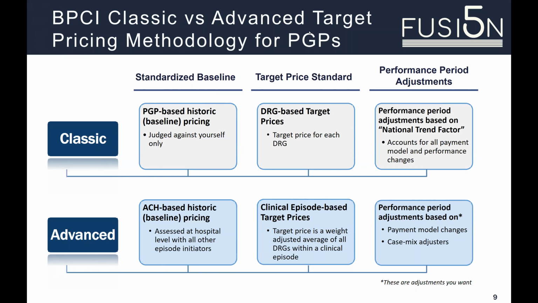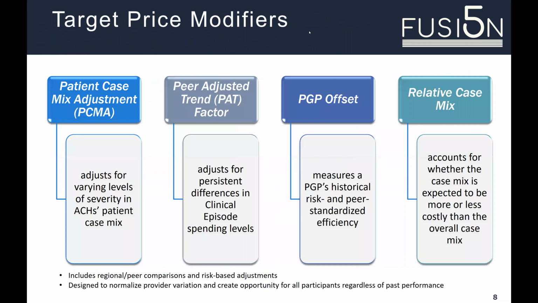Yeah. So one of the questions we often get here is, is there an incentive to move your cases to a lower cost hospital? And when you look at these different modifiers that we covered on the previous slide, you begin to see very quickly that no, there is not.